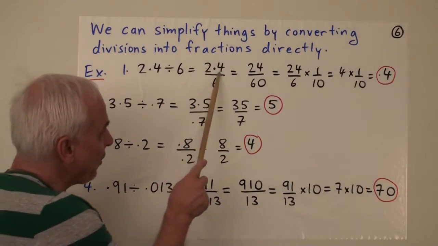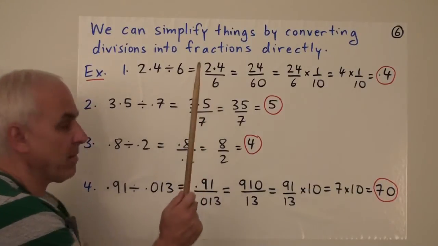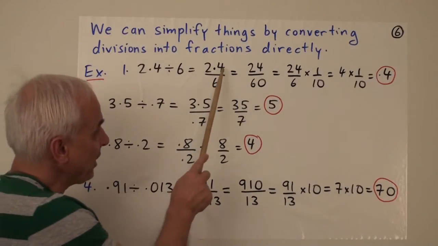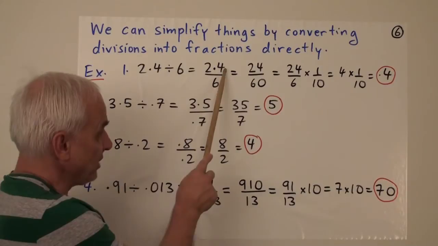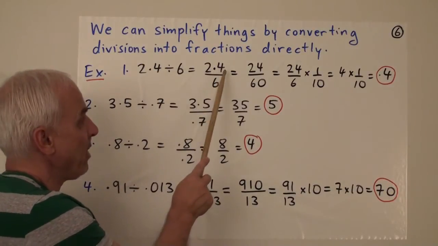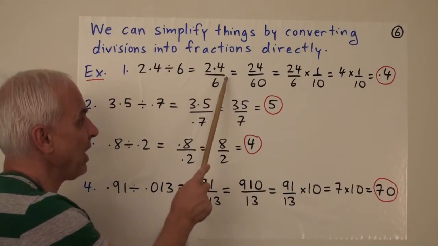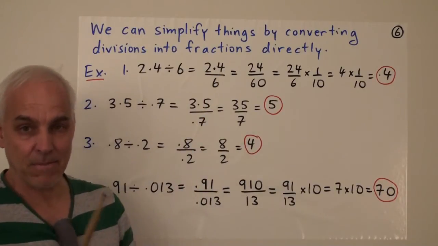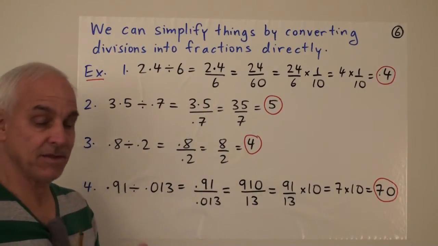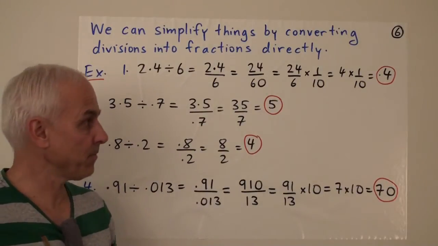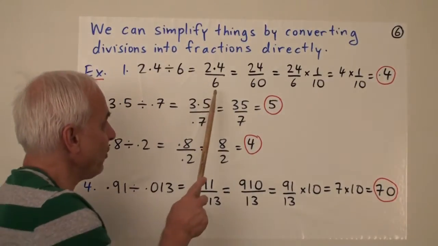Okay, if I have 2.4 divided by 6, it's a division, but I can multiply top and bottom by the same quantity, and the result of the division doesn't change. That's our strategy.